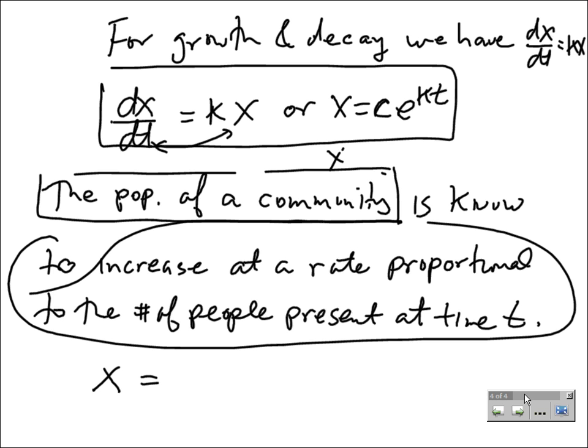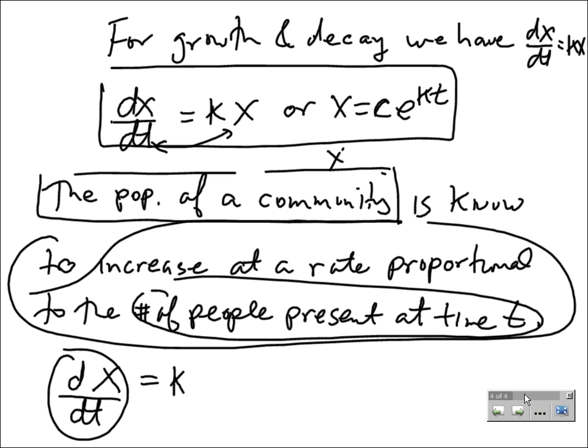This is the rate that the population of the community increases. And it is known to be proportional, that means equals k times the number of people present at time t, which we call x. That's exactly what I have here, and that equation is equivalent to this.